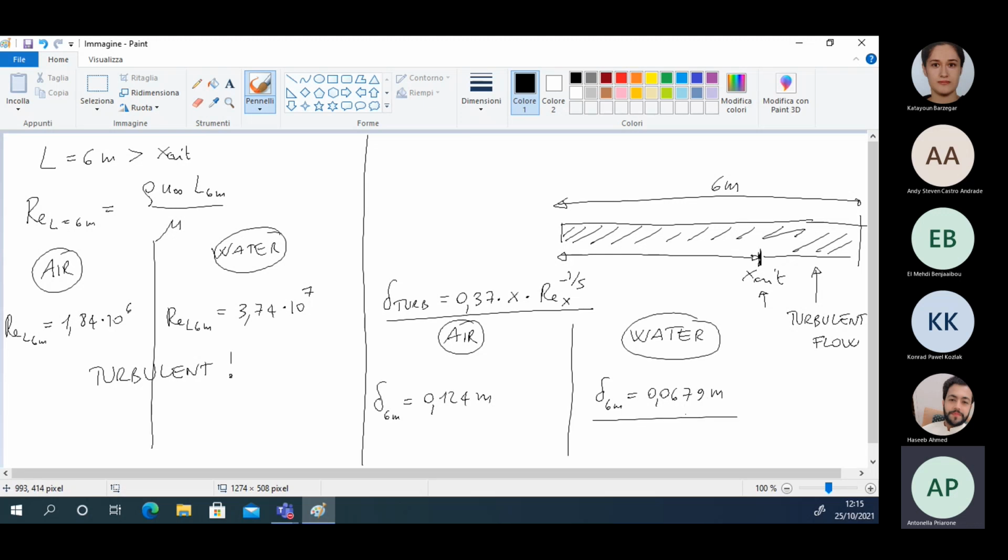Much smaller for water than for air, the thickness of the boundary layer in turbulent flow.